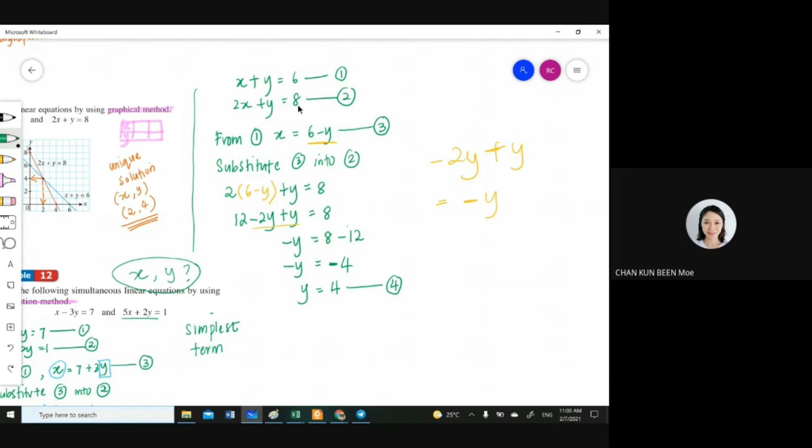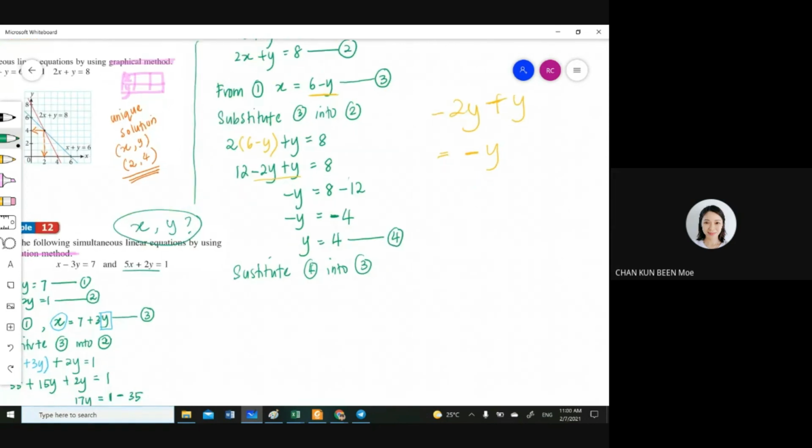Okay, so what you do over here, we are going to substitute into the third equation. Okay, so I write down substitute. You always have to write all these words. You cannot simplify it. Substitute the fourth equation into 3.